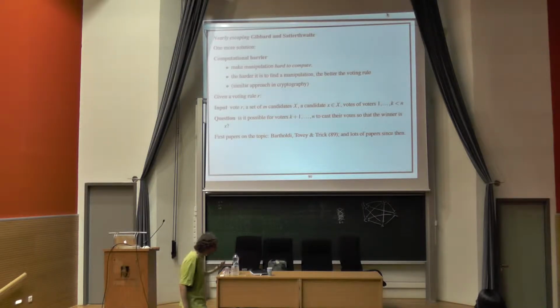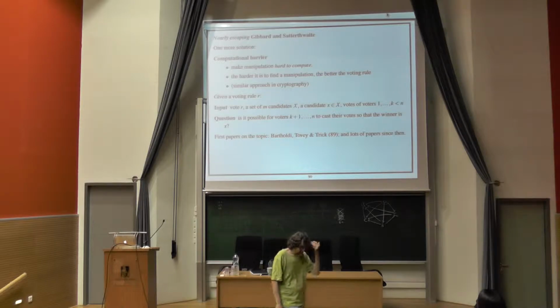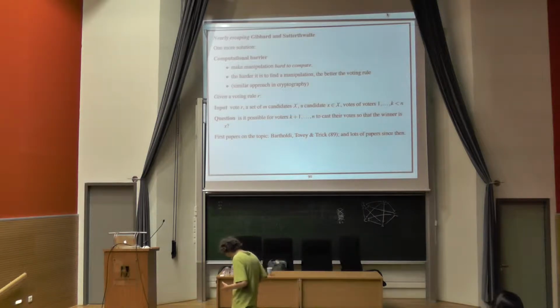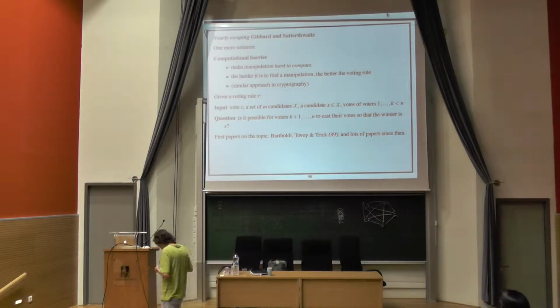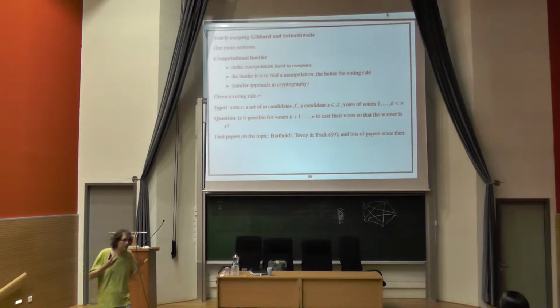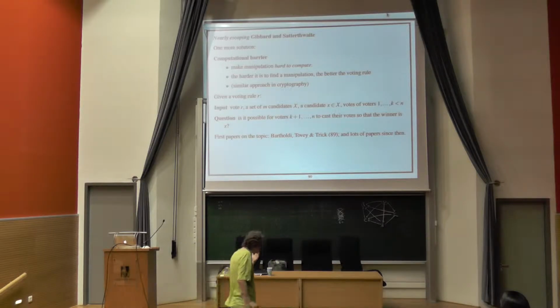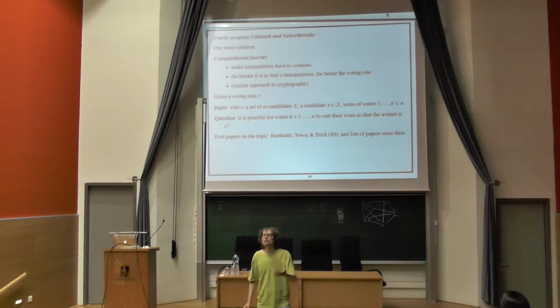And if we can prove that for a given voting rule, the problem of computing manipulation is NP-hard, then we have some reasonable expectation that voters may give up trying to manipulate because they know that it's difficult. Okay, so this is the line of reasoning.